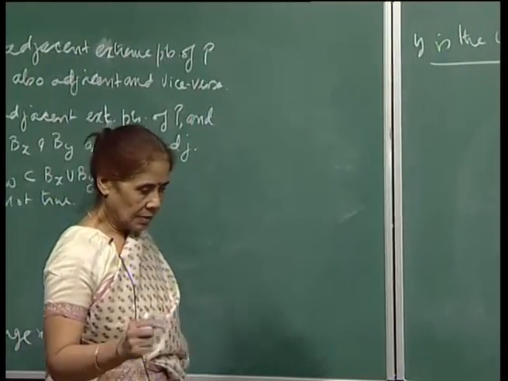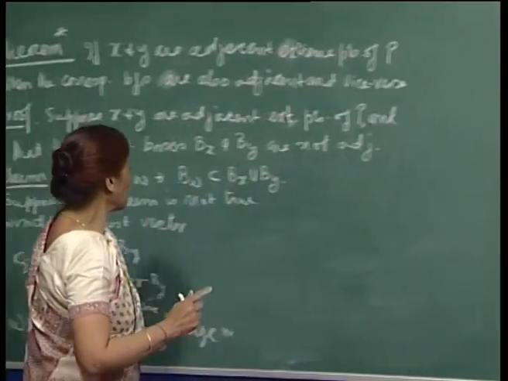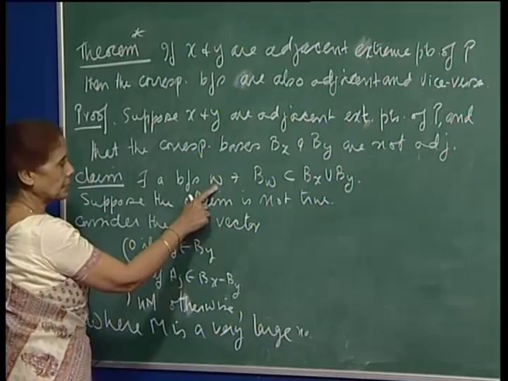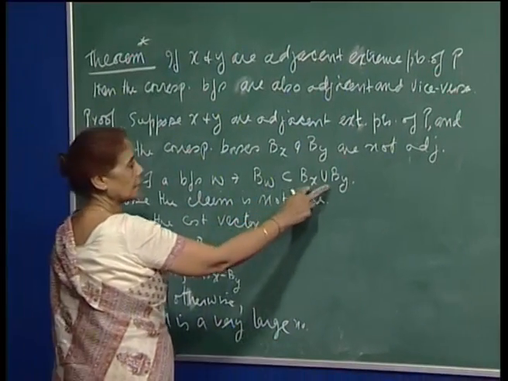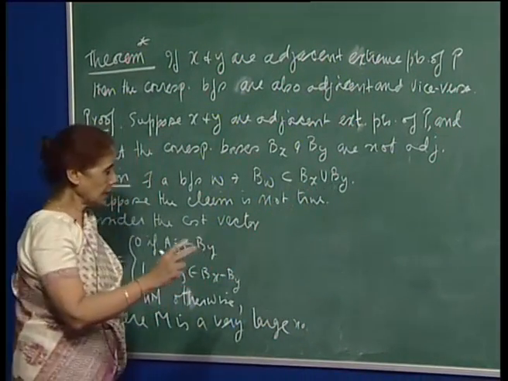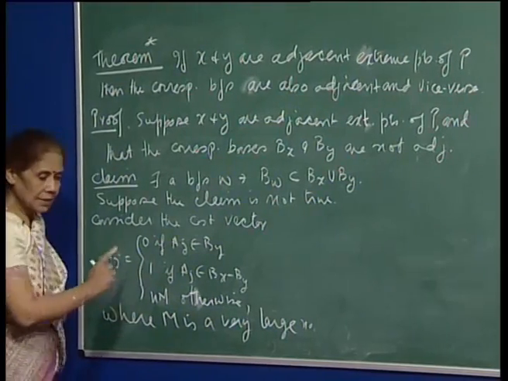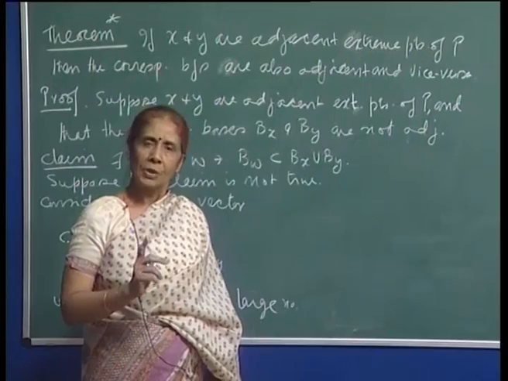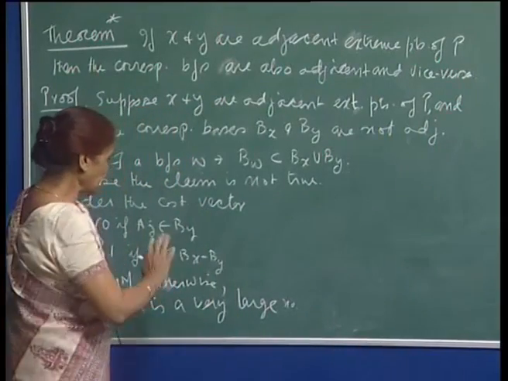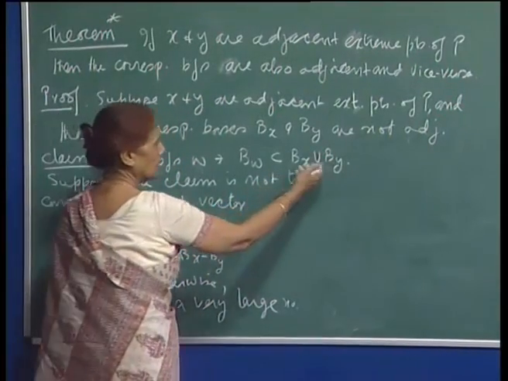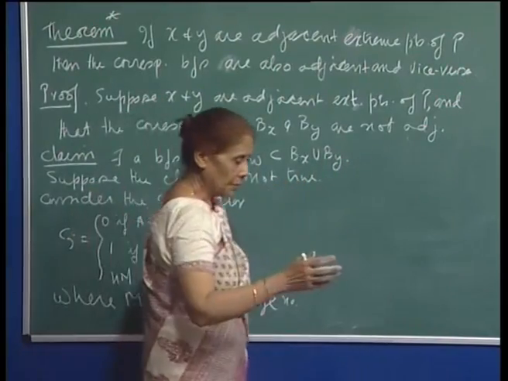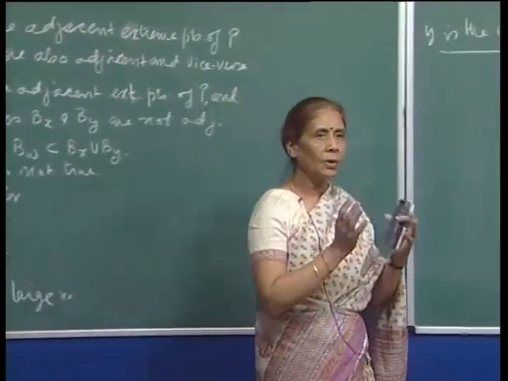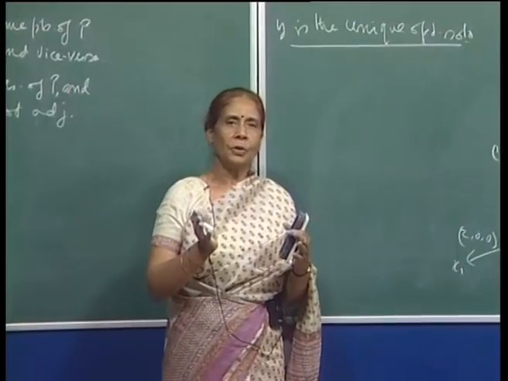And if we say that there is no basic feasible solution W consisting of the columns here, you see that if I start my simplex algorithm from the basic feasible solution x, there is nothing in the neighborhood, because the columns of Bx union By do not contain any other basic feasible solution. What does it mean?